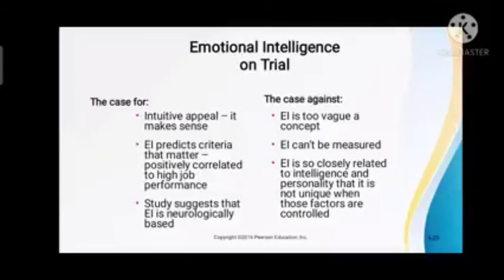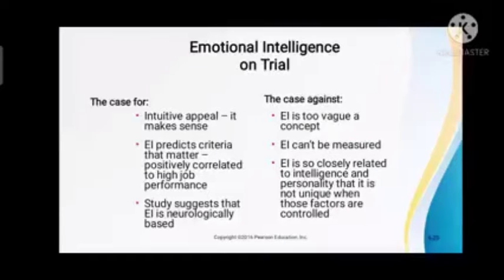Emotional intelligence can be measured. Emotional intelligence is so closely related to intelligence and personality that it is not unique when those factors are controlled. So this means that emotional intelligence plays a very important role in job performance.